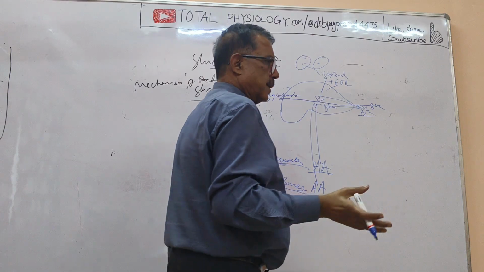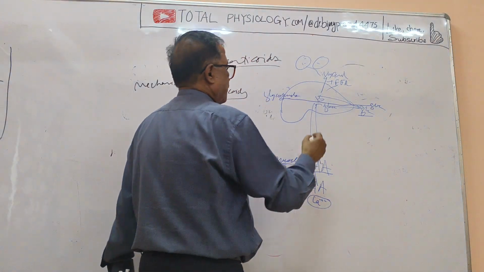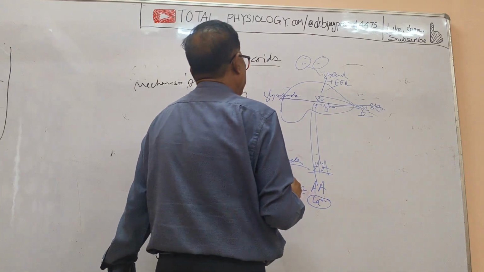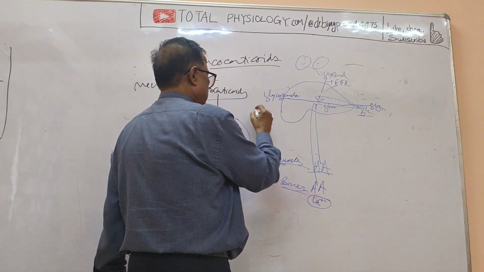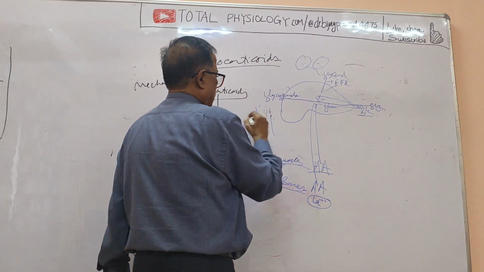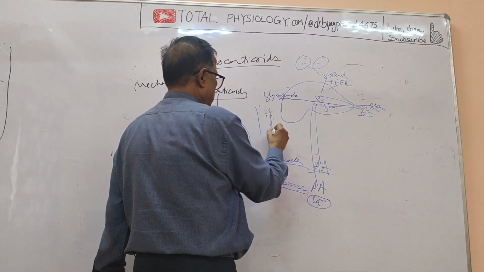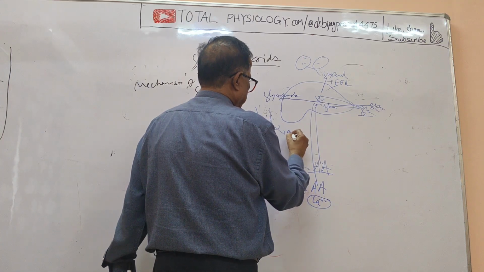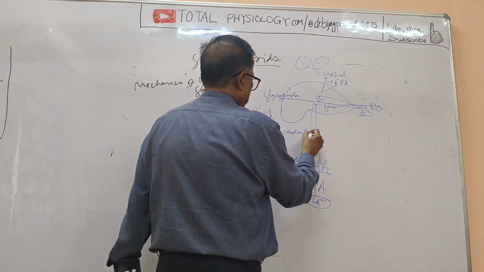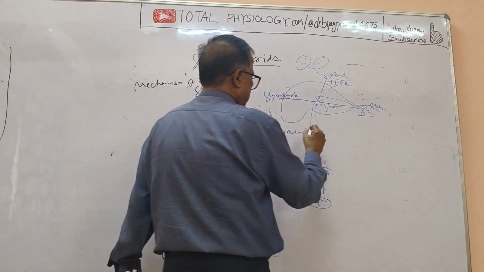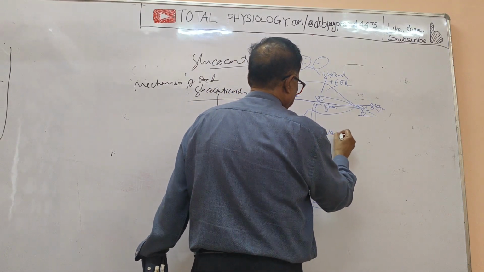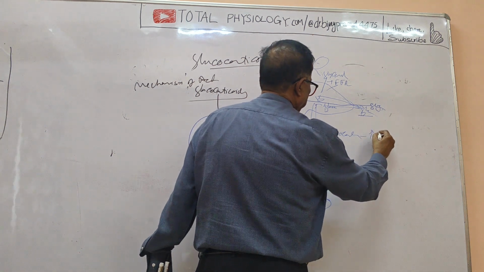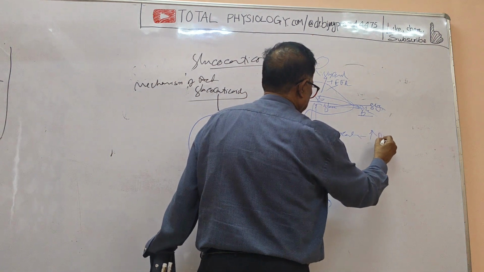These three things will increase the level of glucose. On blood vessels, it will stimulate alpha 1 adrenergic receptors, causing vasoconstriction. Vasoconstriction causes an increase of blood pressure.